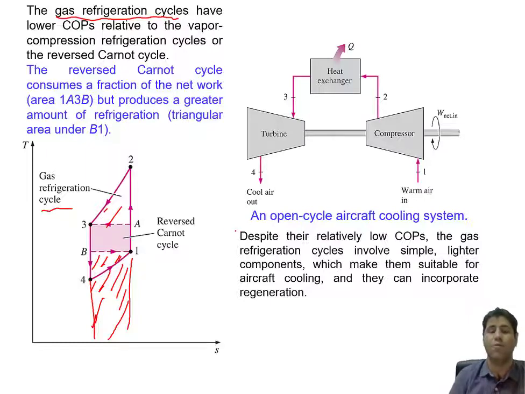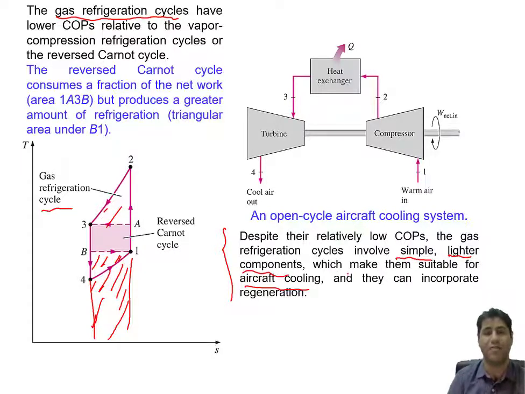So where and why do we need to use this type of cycle? As I told you, we have a smaller number of components for this cycle, and it also has some advantages which make it an appropriate refrigeration system for aircraft cooling. This is due to its simplicity and its lighter components.